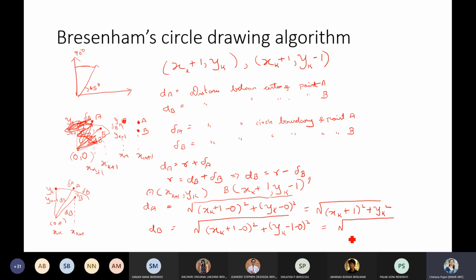So you will end up with root of (xk plus 1) whole square plus (yk minus 1) whole square. Fine. Okay, is it clear? Can I change the slide? One minute.